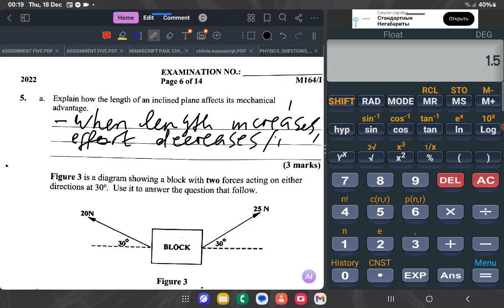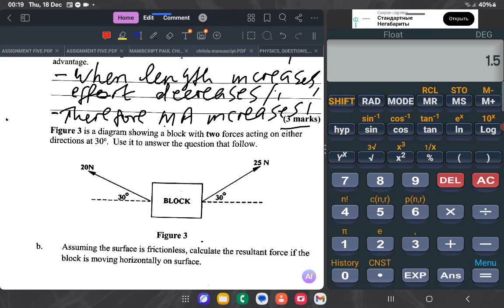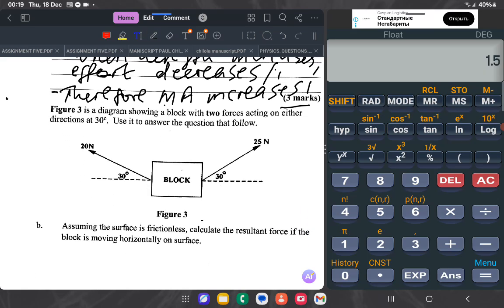Another mark. And therefore, mechanical advantage increases. Another mark. So you have 3 marks for saying all these points. I hope so far so good. Let's go down before we go to break.